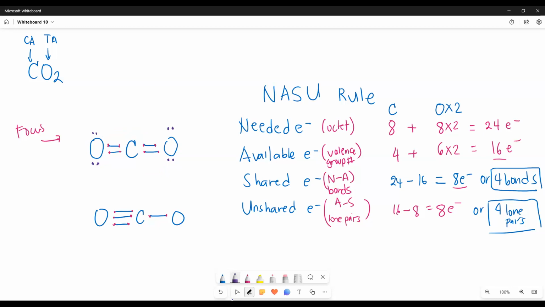Now, let us try the other one. For this one, I have 4 bonds. I need to distribute the lone pairs. Let me focus here first. For this oxygen, I have 6 electrons already, and I need 2 more, which will come in the form of 1 lone pair. So this one is already an octet.